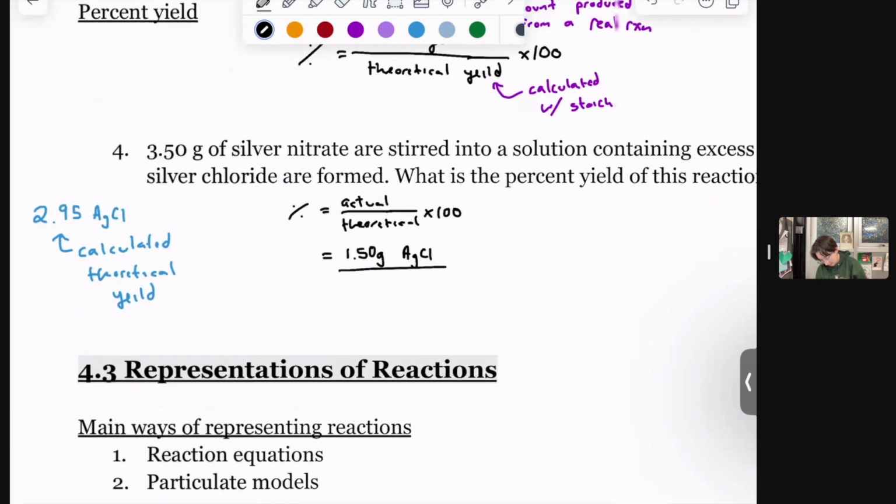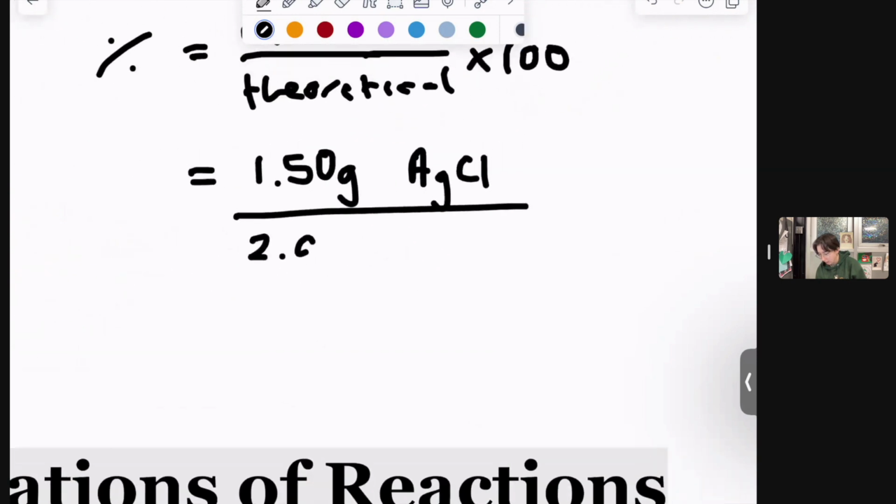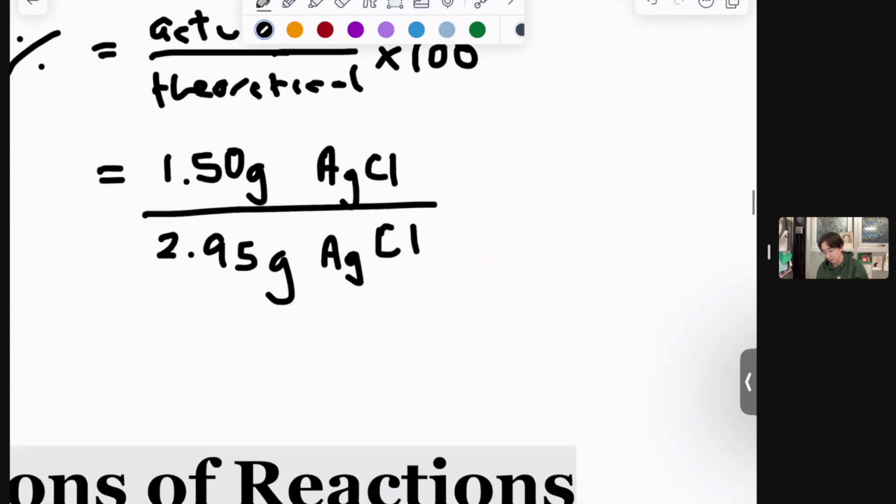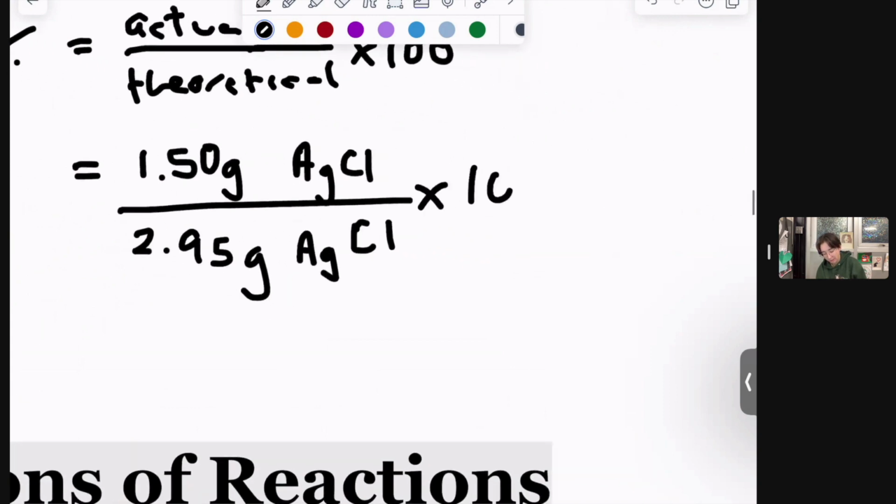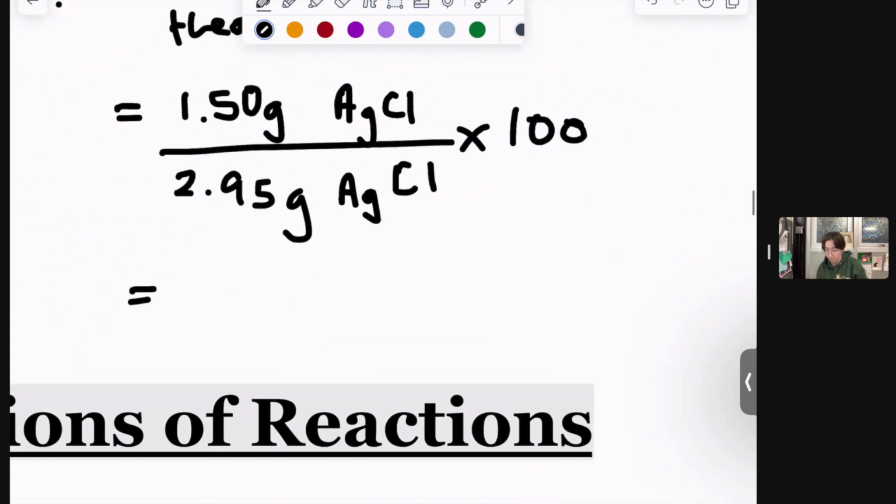And then I get my theoretical yield, which was 2.95 grams of silver chloride. Same units on top and bottom, so those are canceling out. This is just a percent with no units, or the units are percent, due to math, and that is a 50.8% yield.